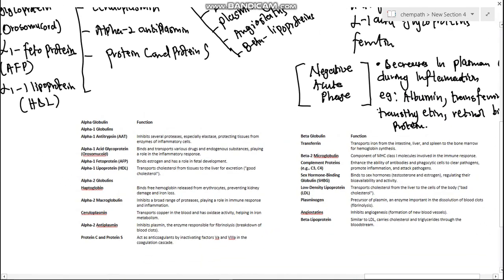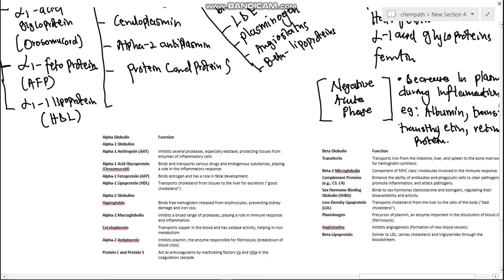So we have alpha 1 globulins. The first one is alpha 1 antitrypsin. It inhibits several proteases, especially elastase, protecting tissue from enzymes of inflammatory cells. That is one function of the alpha 1 globulins.